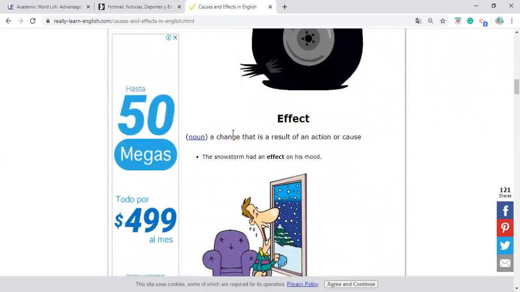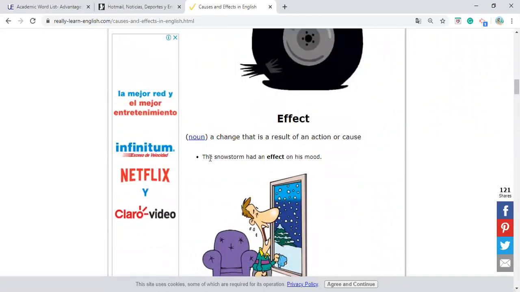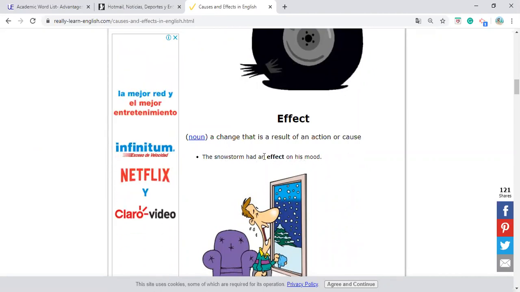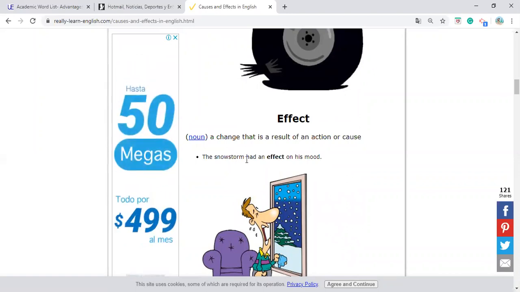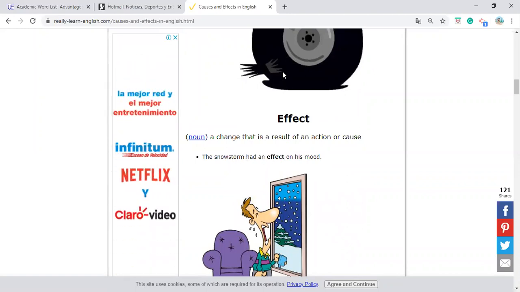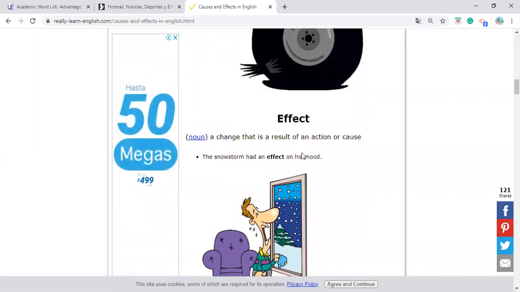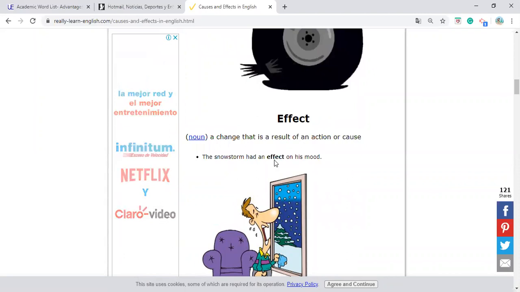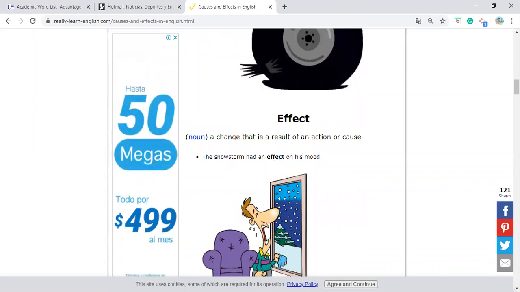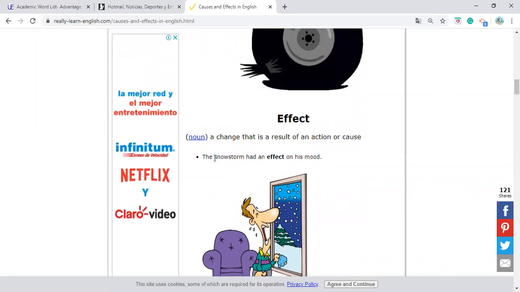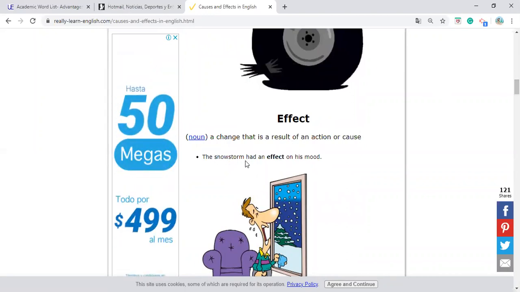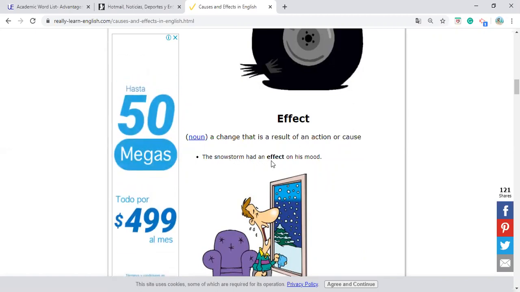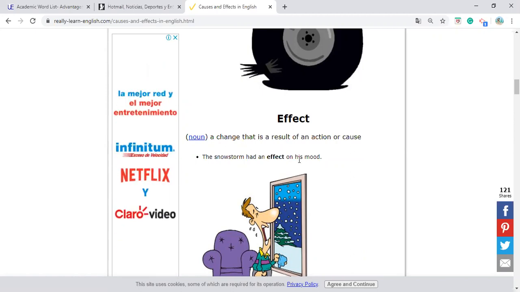Ahora, effects. Effect es un sustantivo. The snowstorm had an effect on his mood. Entonces, aquí tenemos que la tormenta de nieve tuvo un efecto en su comportamiento. Y tú también puedes utilizar effect para cuando hables de las consecuencias del COVID. Por ejemplo, the COVID-19 o the confinement due to the COVID-19 had an effect on the people's thinking.